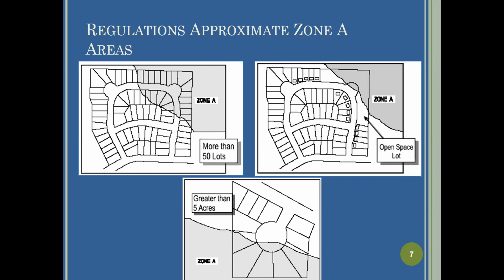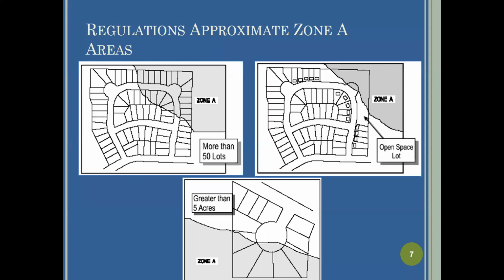The bottom center is large lots, estate homes, potentially. They are greater than 5 acres, and even though only 5 lots are in the flood zone A, they still need to determine base flood elevations because of their area.